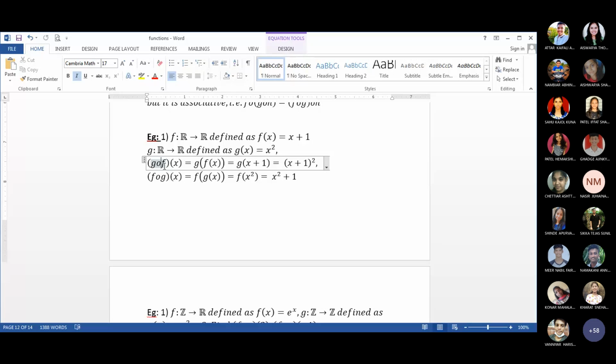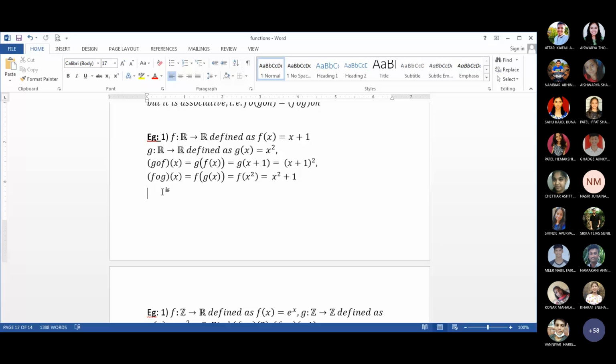Now here तुम्हारा दोनों composition exist होगा, f composed with g भी exist होगा और g composed with f भी exist होगा, क्योंकि वो डोमेन को डोमेन का कंडीशन सेटिस्फाई हो रहा है, क्योंकि दोनों का डोमेन को डोमेन सेम है. So we will find out the composition f composed with g of x and g composed with f of x. तो पहले हम लोग g composed with f के लिए सॉल्व करेगा.